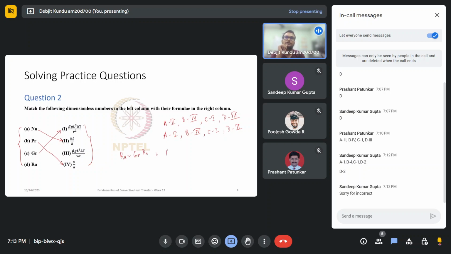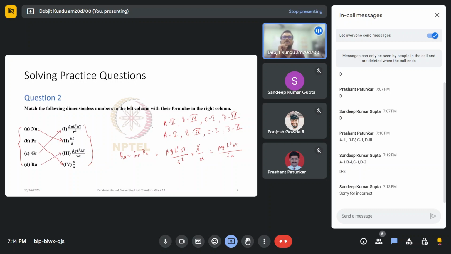So if we do this, L cubed ΔT divided by nu squared multiplied by Prandtl number, which is nu by alpha. One nu would cancel out, and the numerator would be the same as that of Grashof number, only the denominator will change. It will become nu alpha. So Rayleigh number should be this one, 3.